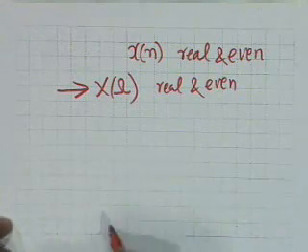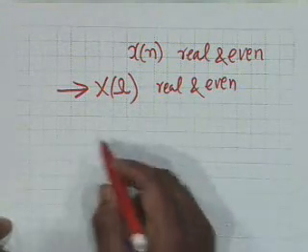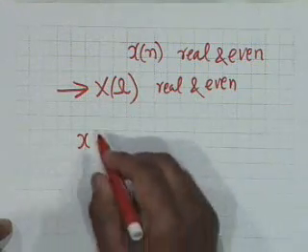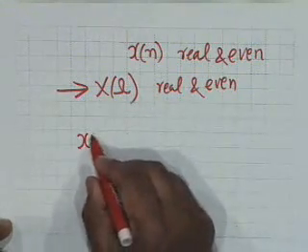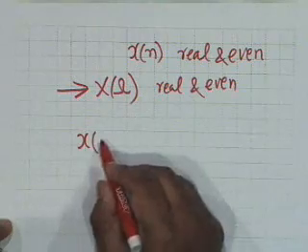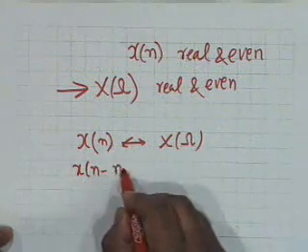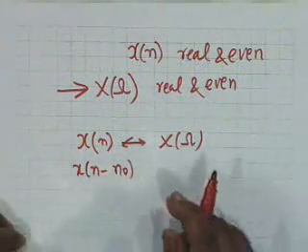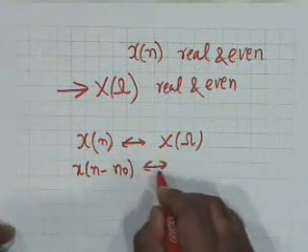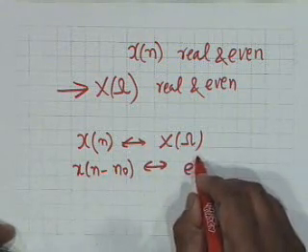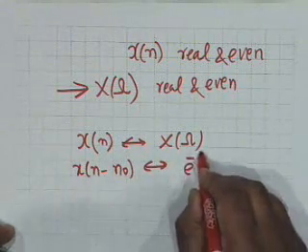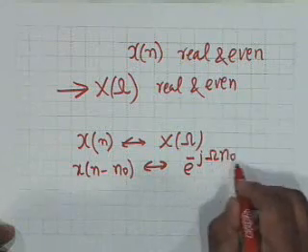There are two very simple properties which we shall mention and then complete the class. If x of n is capital X of omega, then x of n minus n naught, that is, a delayed signal, would be e to the minus j omega n0 times capital X of omega.